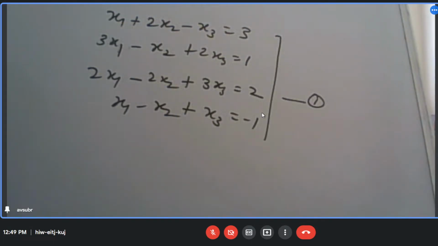Right? All right? This is the system of equations.